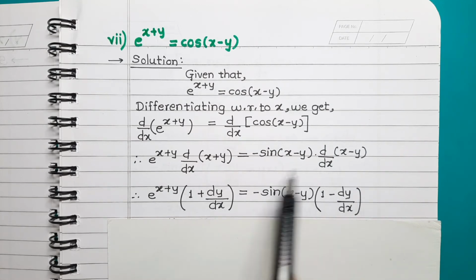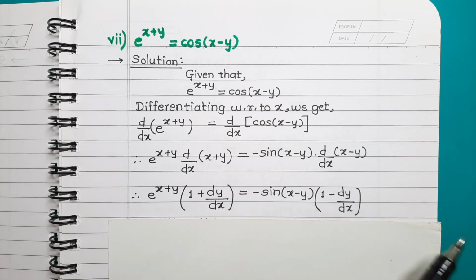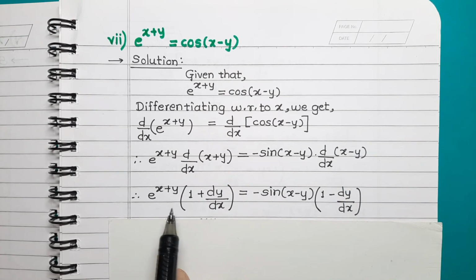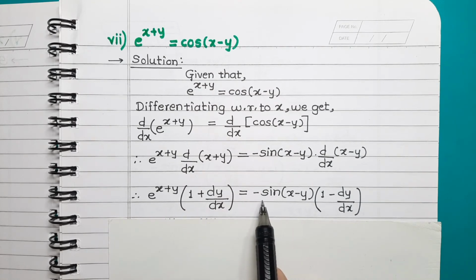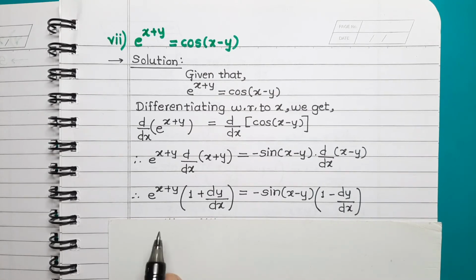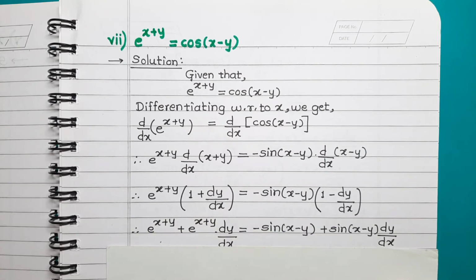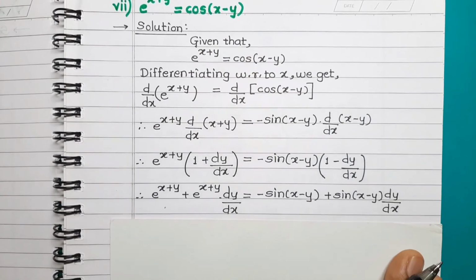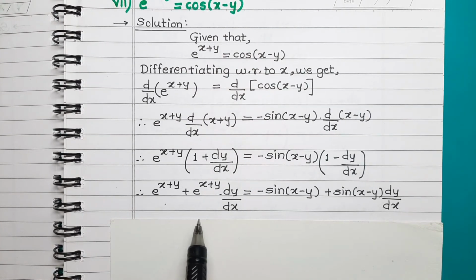So we have taken derivatives of these two terms here. Now let's multiply this e raised to x plus y to this bracket and minus sine x minus y to this bracket, to separate these terms, since we have to collect terms containing dy by dx to find dy by dx.